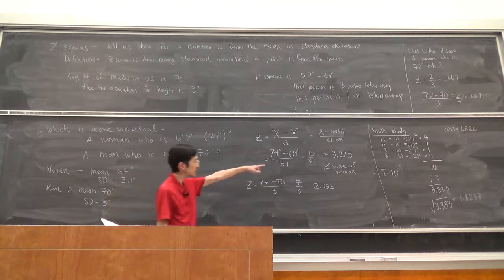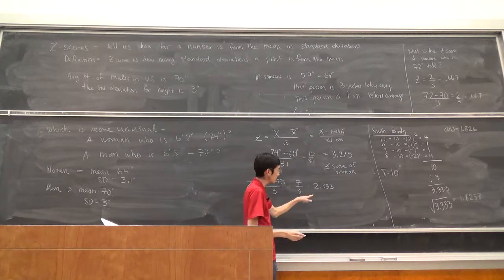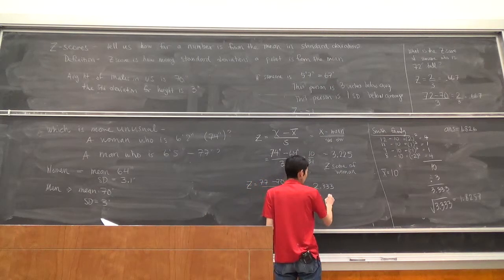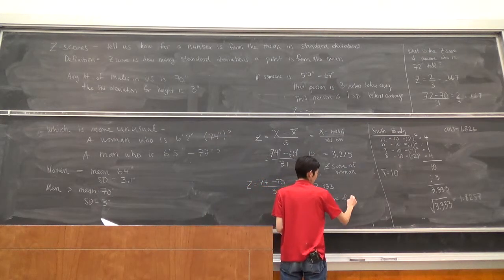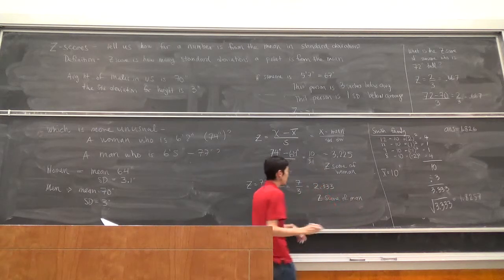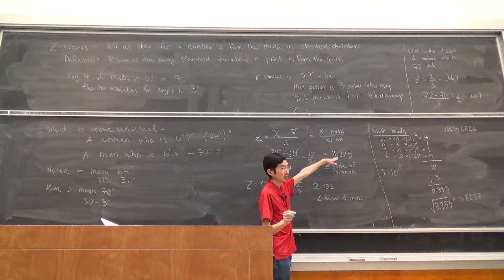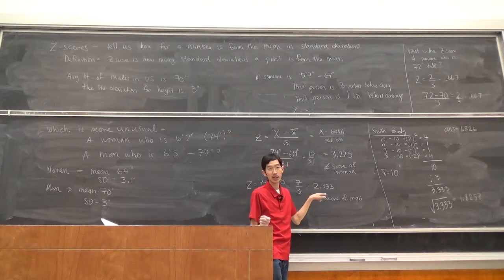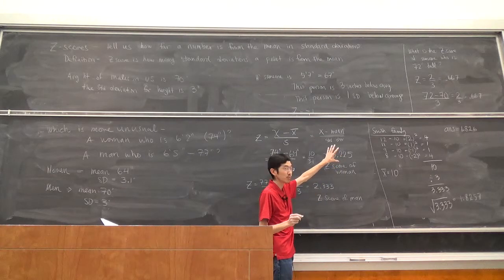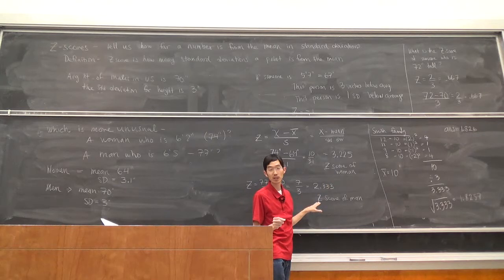And so we would look at the 3.225 and the 2.33 of the man, and we would say this z-score is larger than this z-score, therefore this is a more unusual point than this one.